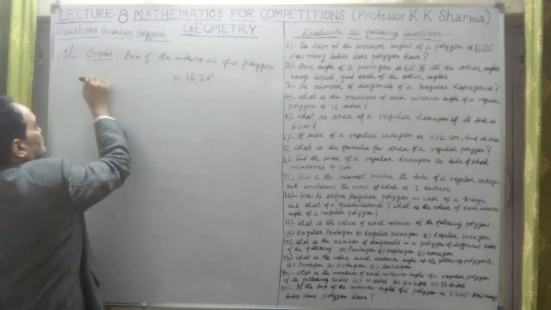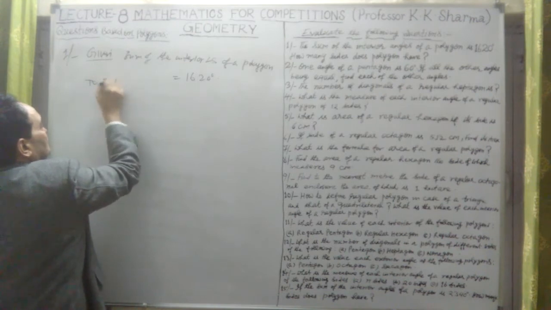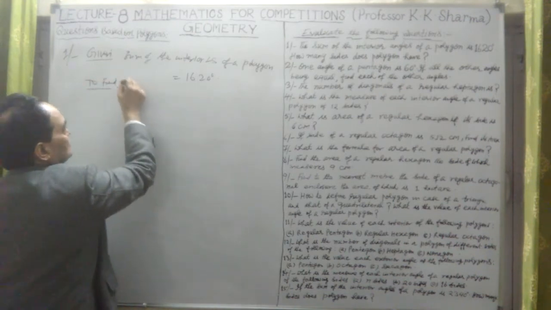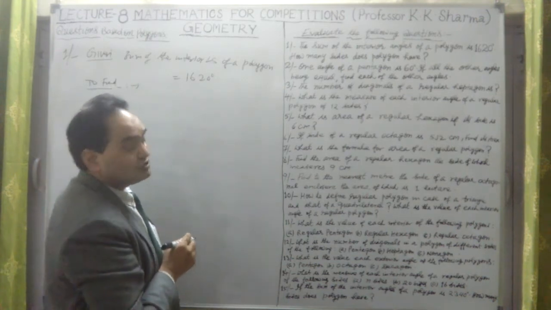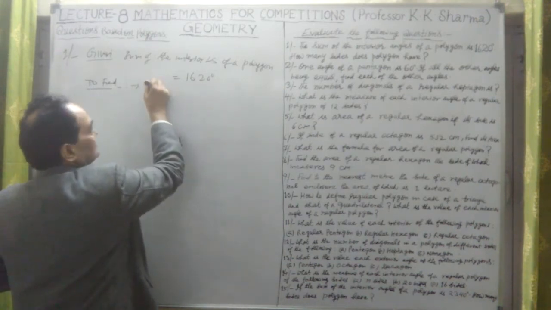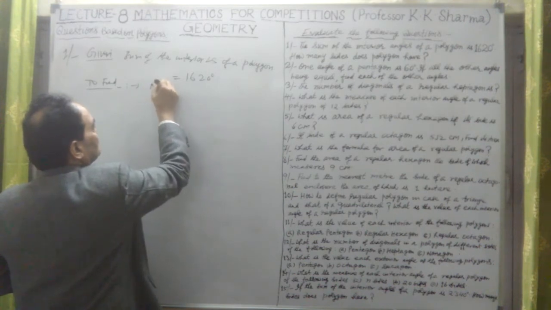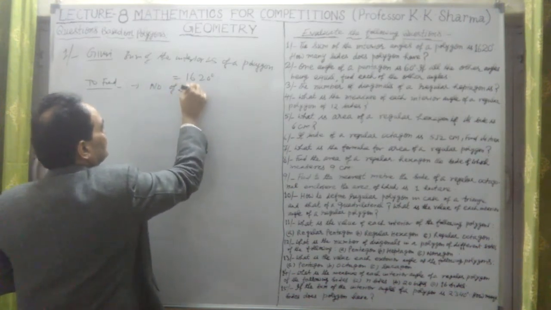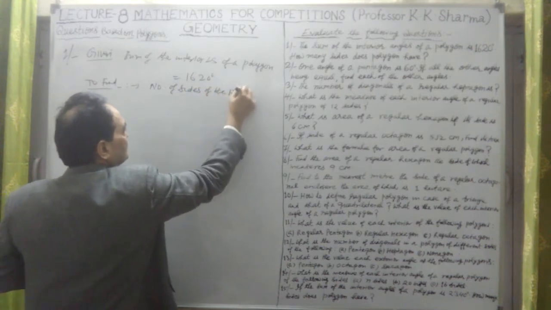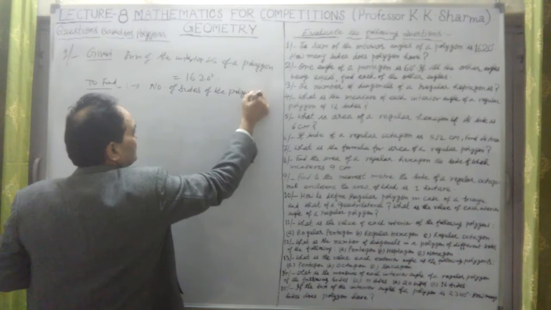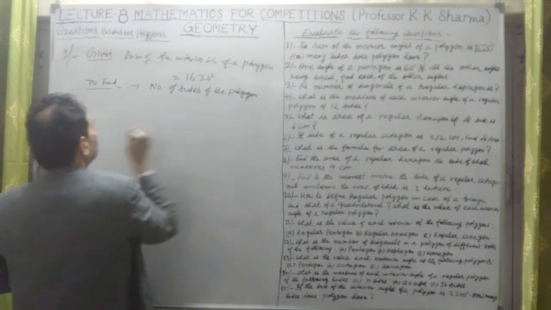To find: we have to find the number of sides of the polygon.